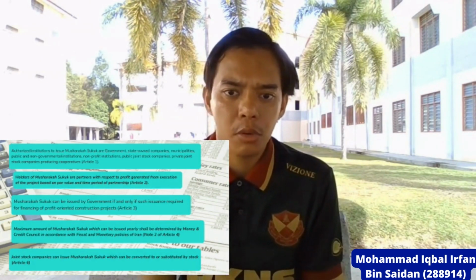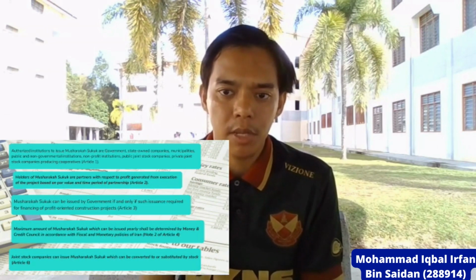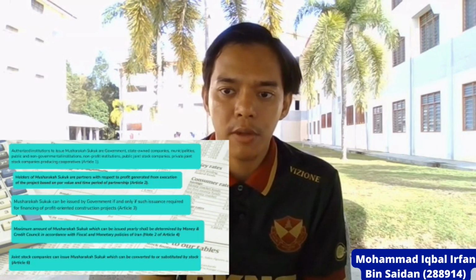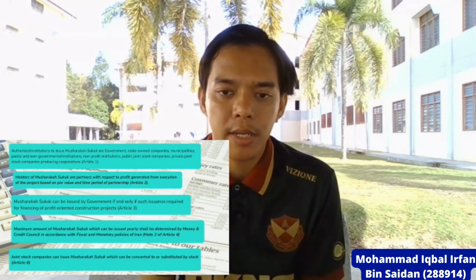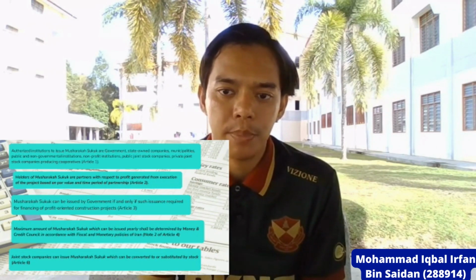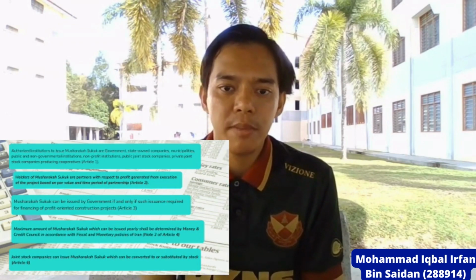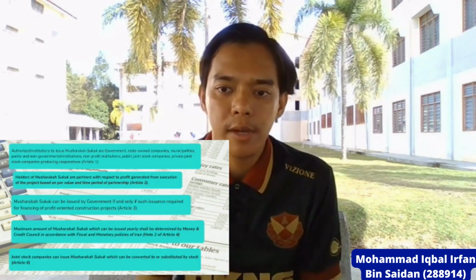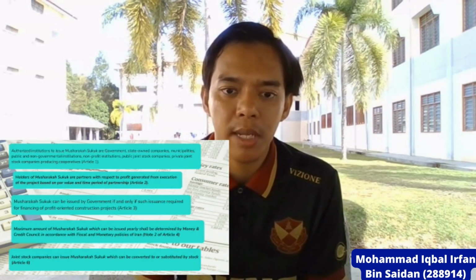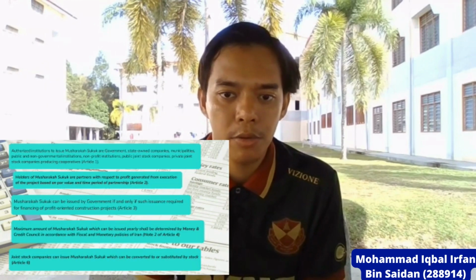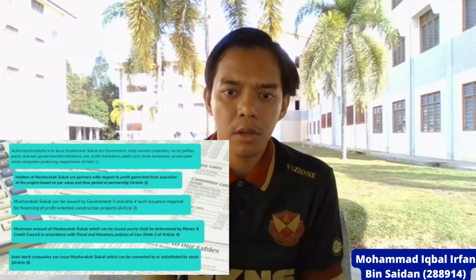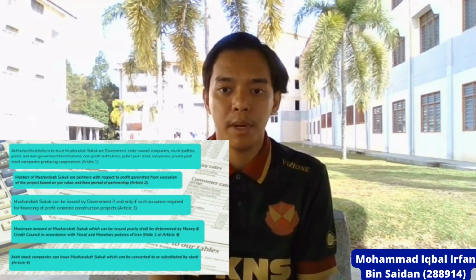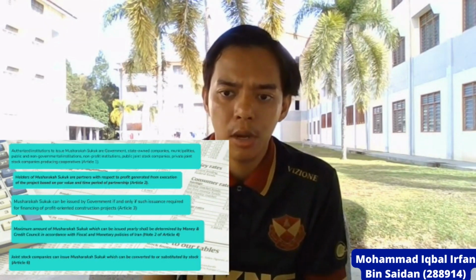Next, Musyarakah Sukuk can be issued by the government if and only if such issues are required for financial profit-oriented projects, in Article 3. The maximum of Musyarakah Sukuk which can be issued yearly should be determined by the Money and Credit Council in accordance with the fiscal and monetary policy of Iran.